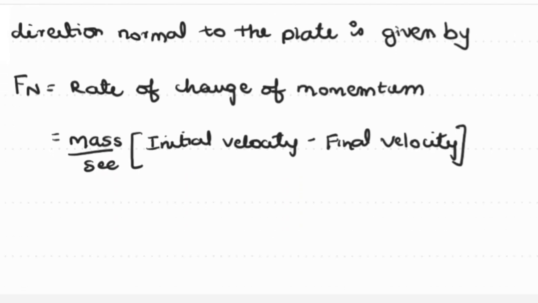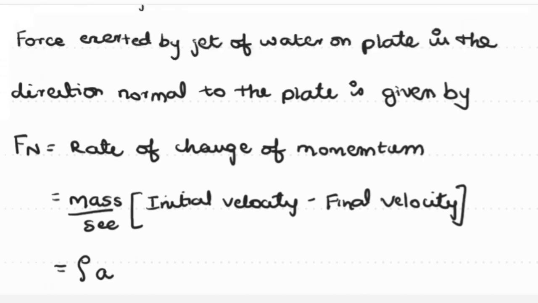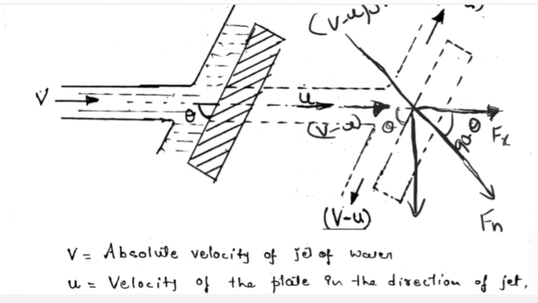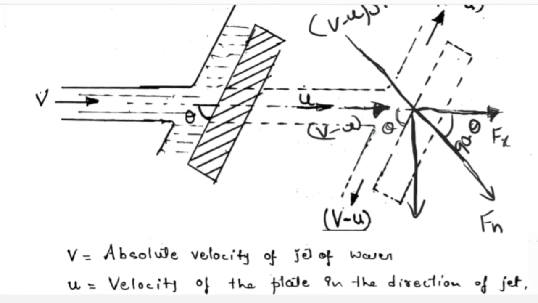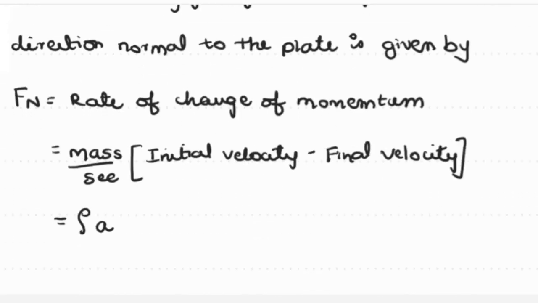Here mass per second is rho into A, where A is the area of the jet, pi by 4 d square, times the velocity with which it strikes the moving plate, that is the relative velocity v minus u. So we substitute v minus u.